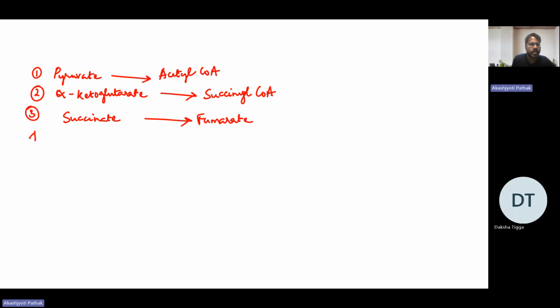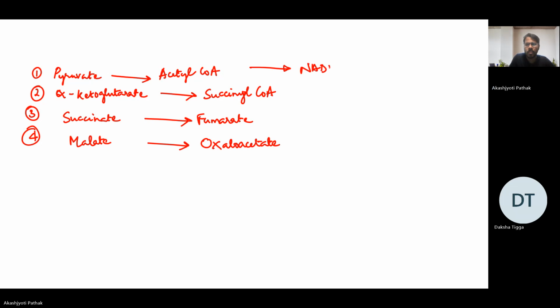Then in another step, where your malate is getting converted to oxaloacetate, you are also getting one NADH molecule. So in this step you will get one NADH molecule. This will give you another NADH molecule. This will give you a FADH2 molecule.